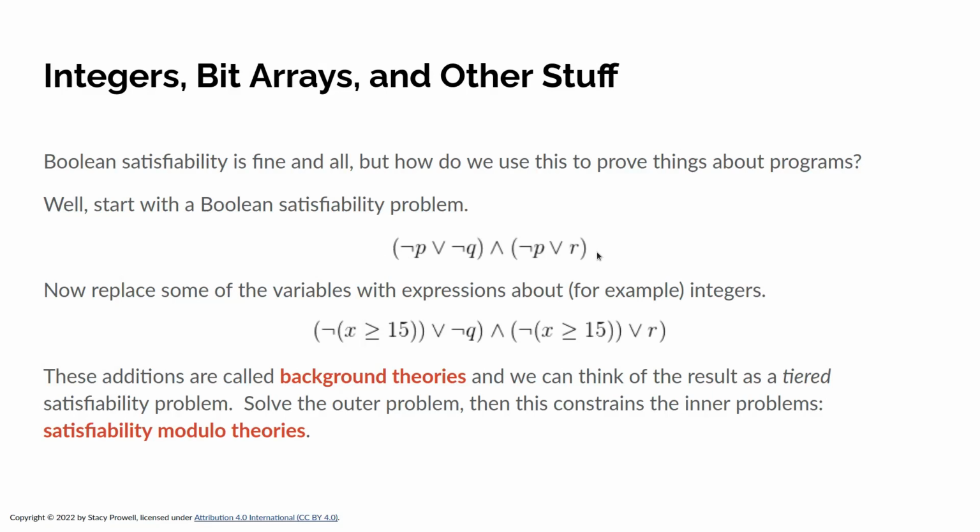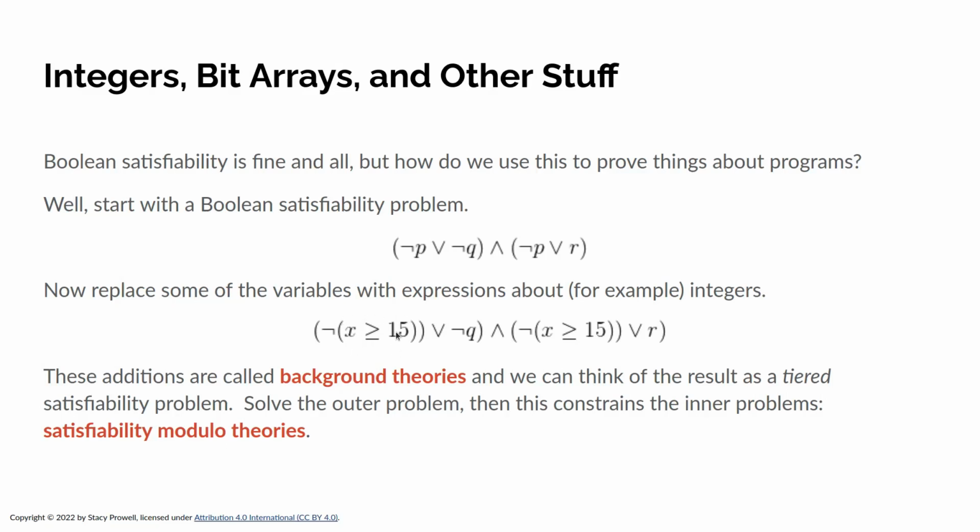So what we might do is start with a satisfiability problem like this. And then we come along and we replace something like P with a statement out of a different theory, like a theory of integers. And that would look like X is greater than or equal to 15.